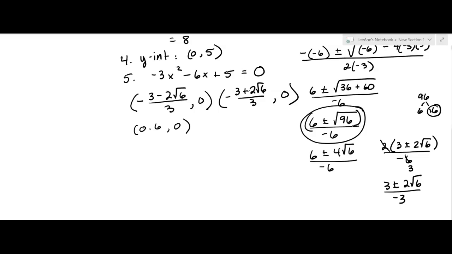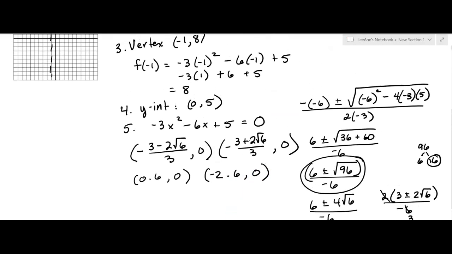So parentheses 6 plus the square root of 96, because my calculator doesn't care if I simplified the radical or not. And then divide that by a negative 6, and let's see what we get. I get negative 2.6 comma 0.